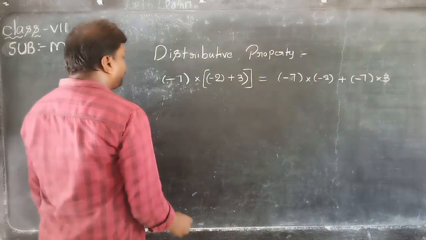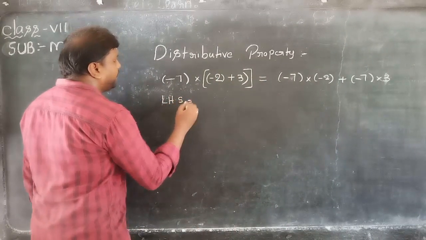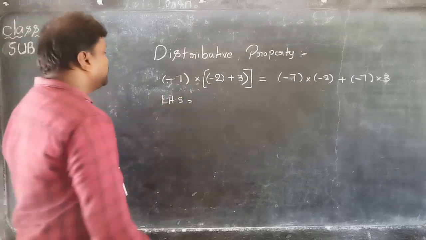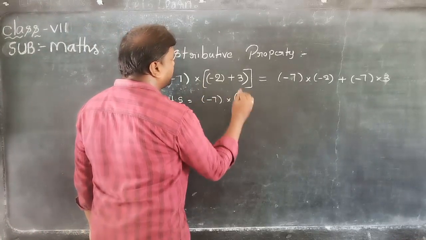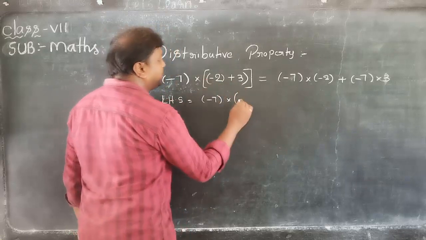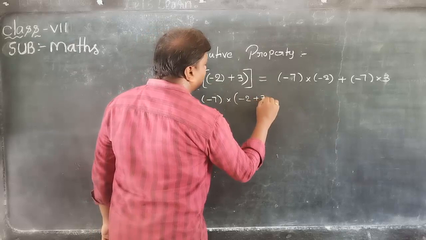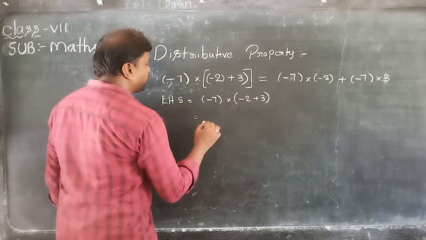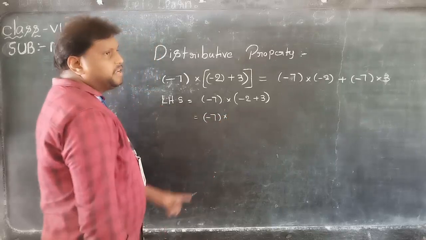Okay, now first I am taking the LHS. LHS means left hand side values: minus 7 into, first of all remove the brackets, minus 2 plus 3.